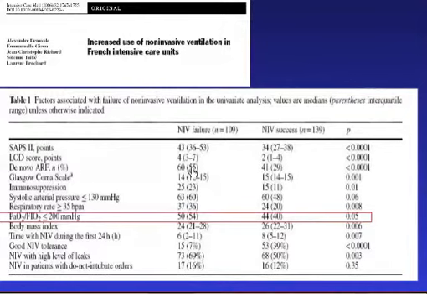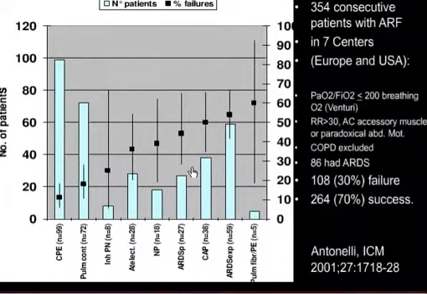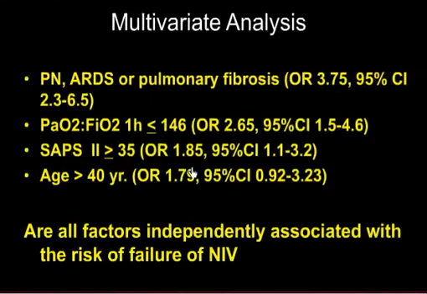If you look at the survey that was done in France, the presence of a low PaO2/FiO2 below 200 in a general population that received non-invasive ventilation gives us an important message, because all those who had a lower PaO2/FiO2 were indeed the category of patients that was more prone to fail. And if you refer to general hypoxemic patients with very different failure rates, the multivariate analysis tells us that if your PaO2/FiO2 after the first hour of application of non-invasive ventilation does not go up, these patients probably will fail.